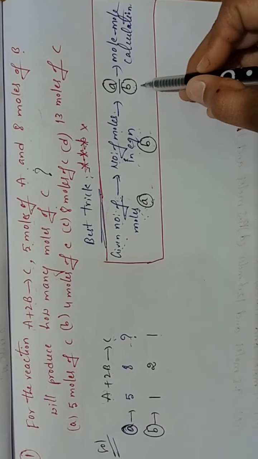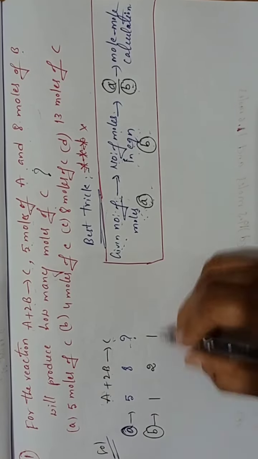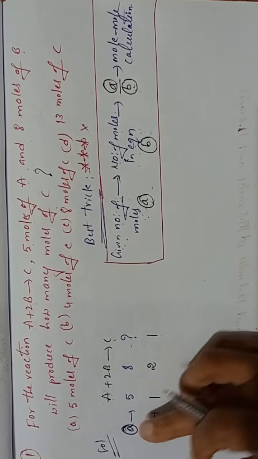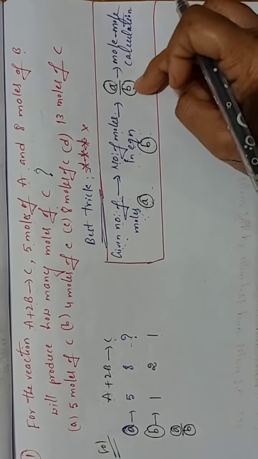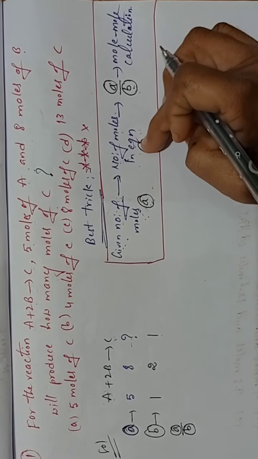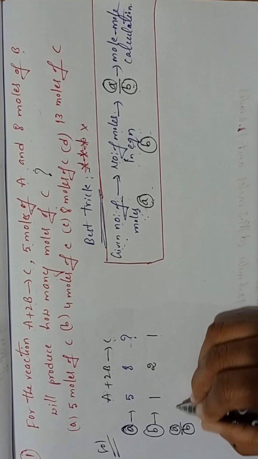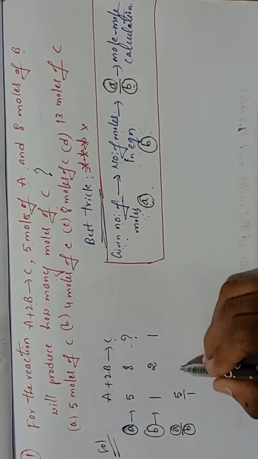And next, what is the third step, students? A by B we have to do. Now in the third step, I am going to calculate A by B. A means what, students? Given number of moles. B means number of moles in the equation. Now A by B: 5 by 1, next 8 by 2.